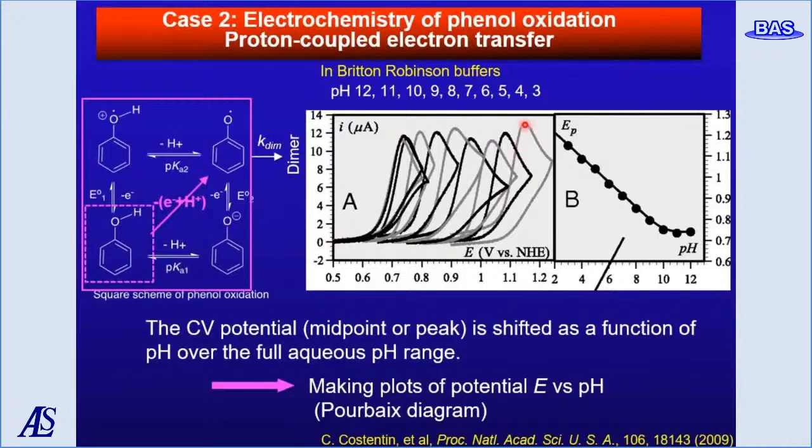When the solution pH is increased, the peak is shifted towards the negative potential direction. In this case, proton transfer occurred simultaneously with the electron transfer, and then the following chemical reaction occurred, in which the phenoxy radical is dimerized.